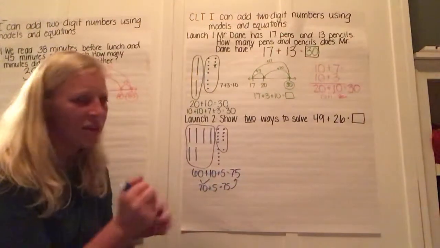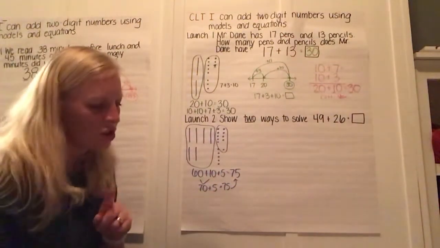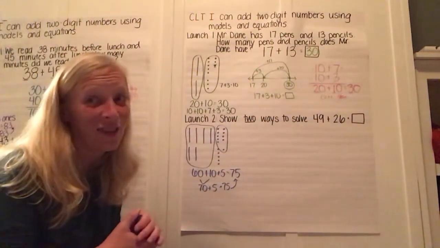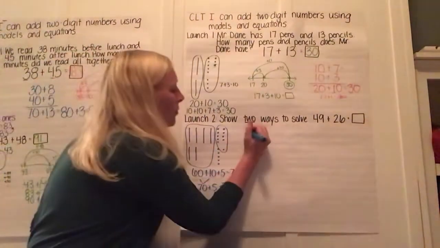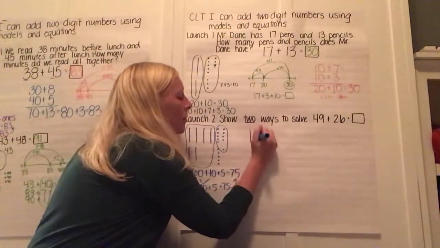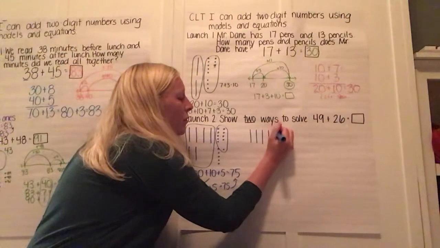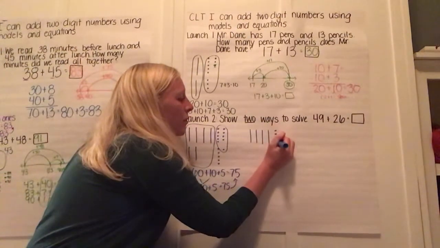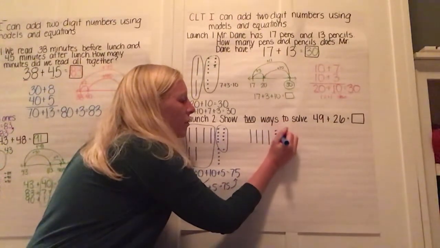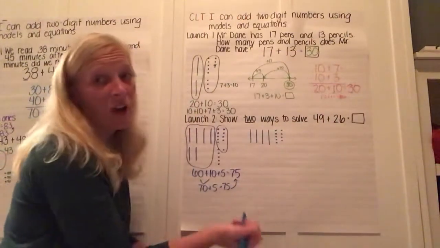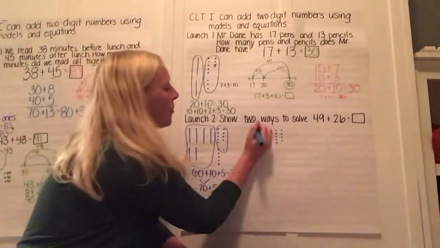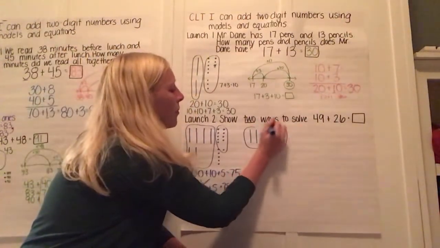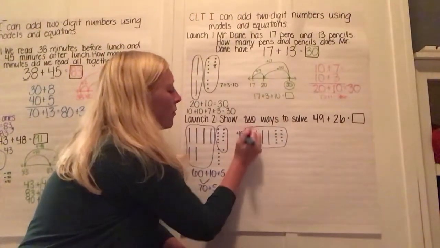I have another base 10 block piece of work to show you. I want to see if you can figure out the difference. Okay? Hope I don't get too dot happy, right? Okay. 49.